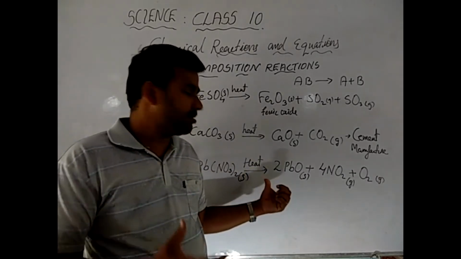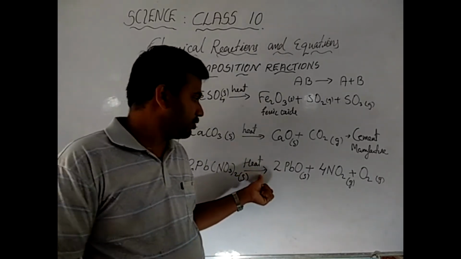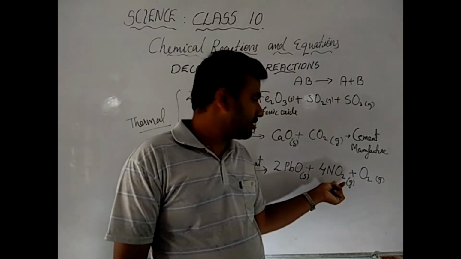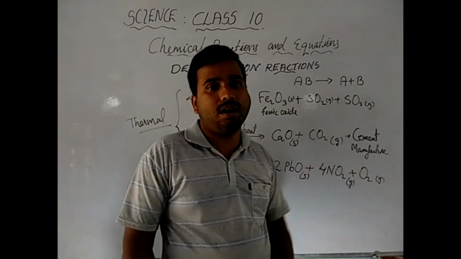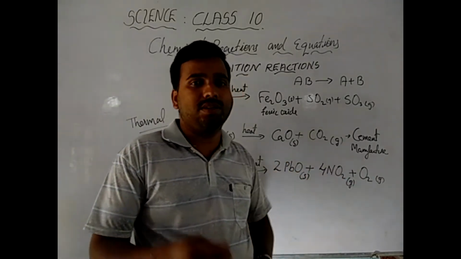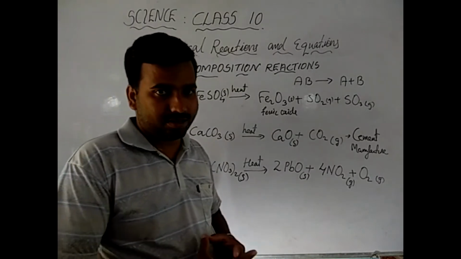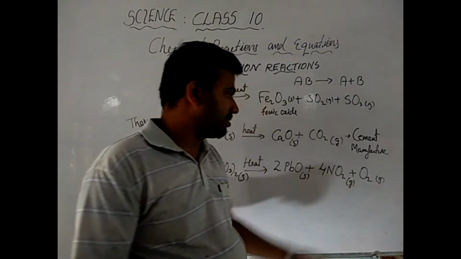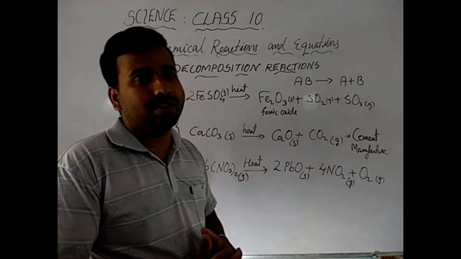You heat a small amount of lead nitrate in a test tube, and it decomposes to give lead oxide, nitrogen dioxide, and oxygen. The nitrogen dioxide gas is somewhat greenish in color, so you can observe the evolution of this gas.